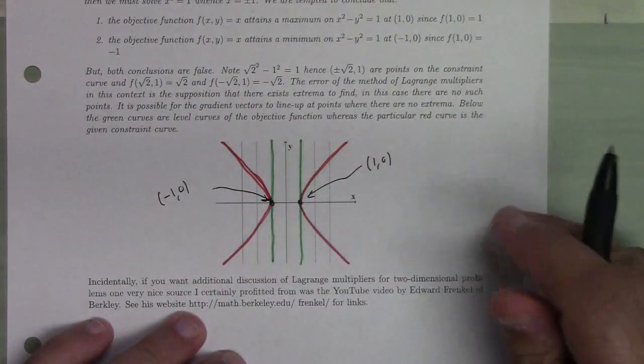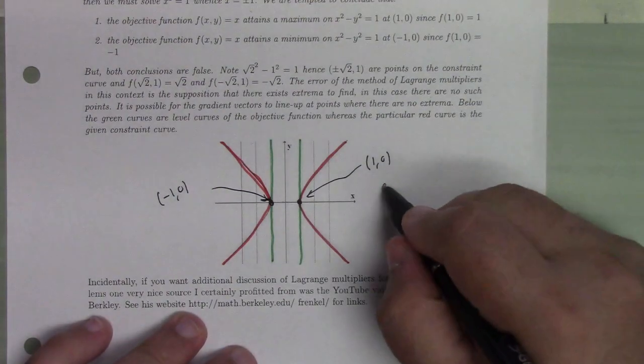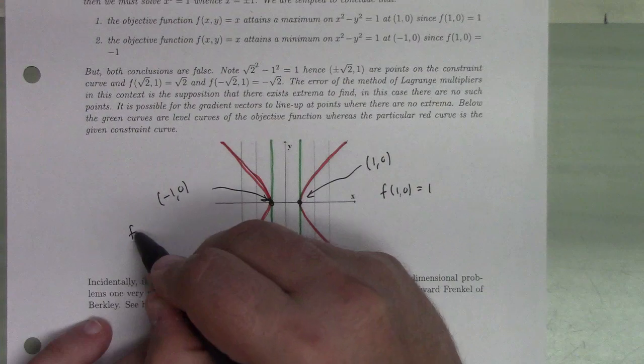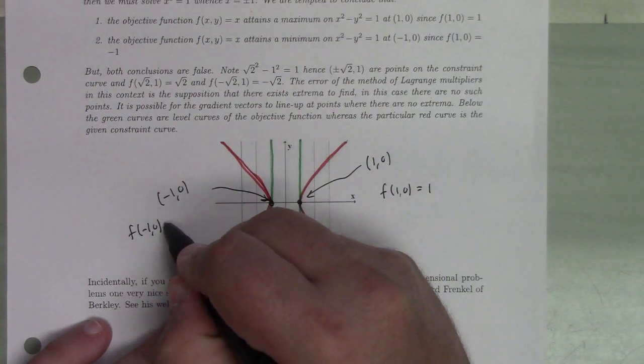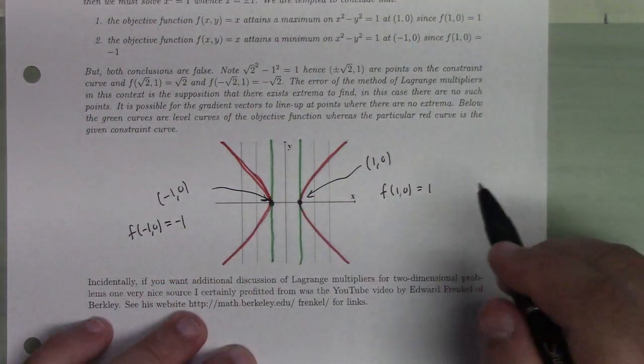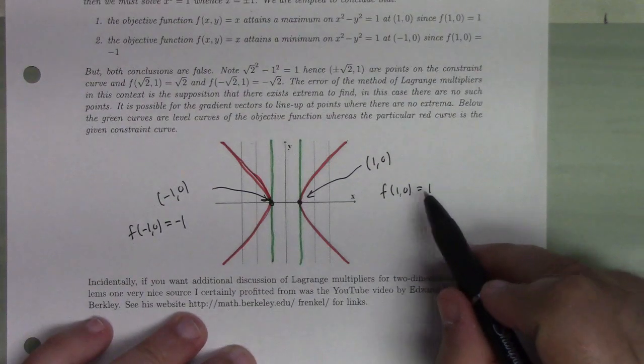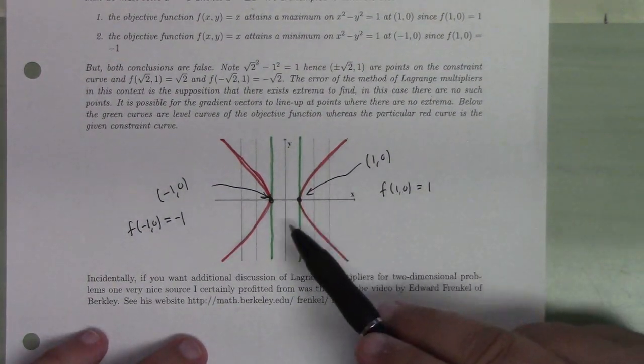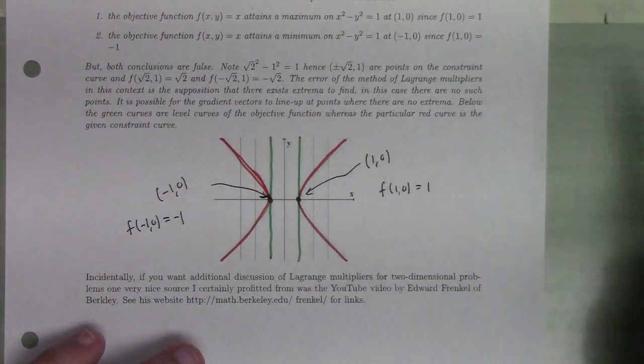And so you might be tempted then to think, oh, well, f of (1, 0) equals x, which is 1, and over here f of (minus 1, 0) equals x, which is minus 1. So that must be the maximum, and that must be the minimum value of the objective function subject to the constraint.